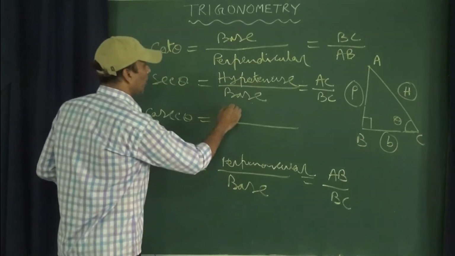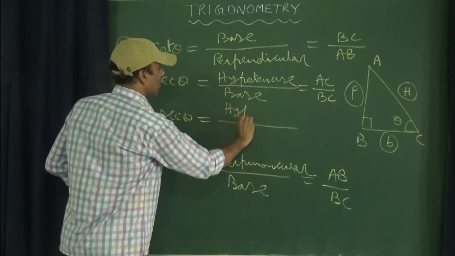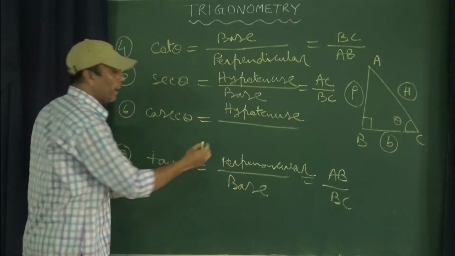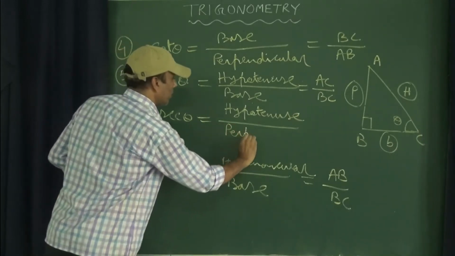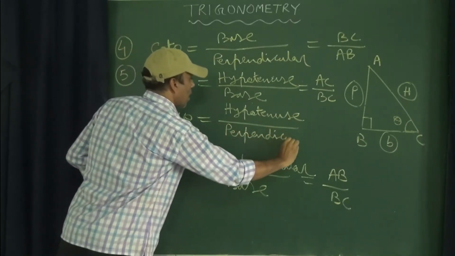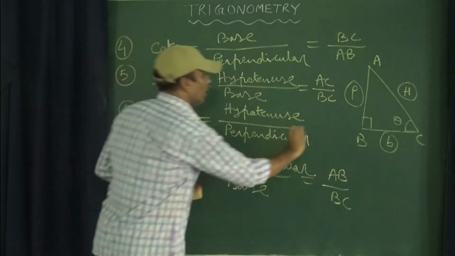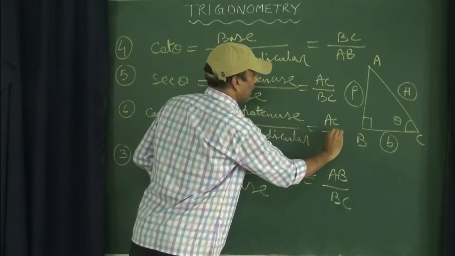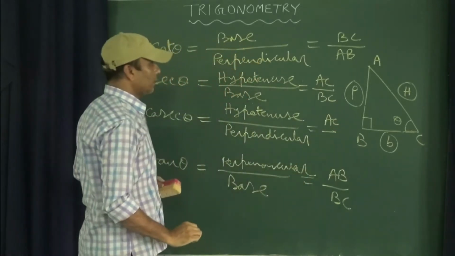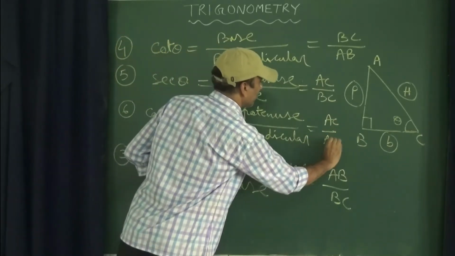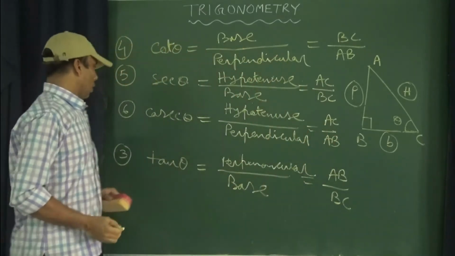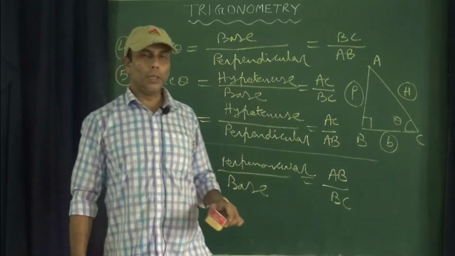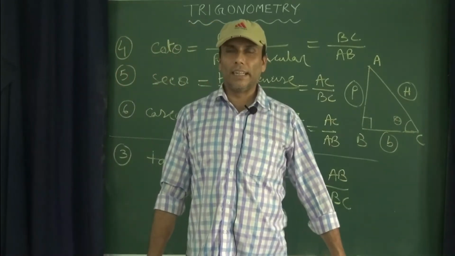So in numerator it will be hypotenuse, and denominator it will be perpendicular. So in this diagram, hypotenuse name is AC and perpendicular's name is AB. So these are the 6 trigonometric ratios which we use in trigonometry generally.